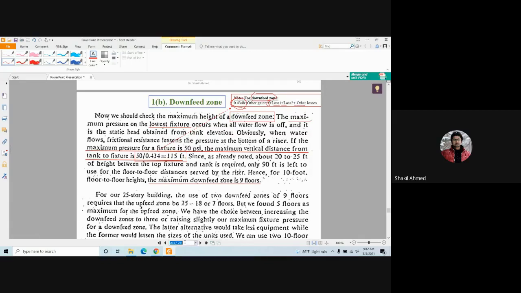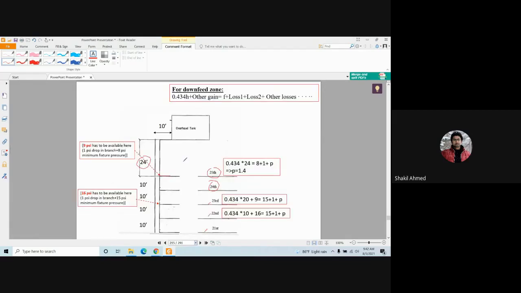So if you go back to the 25th floor and apply this, 0.434 into H plus other gain equals minimum fixture pressure plus different types of losses. What is the H here, guys?